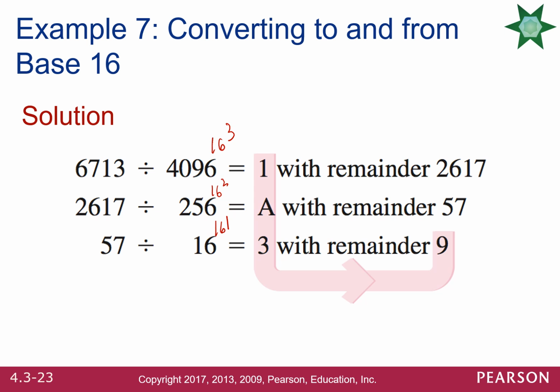If you want, we can take this remainder 9 divided by 1, and then it can be 9 with remainder 0.